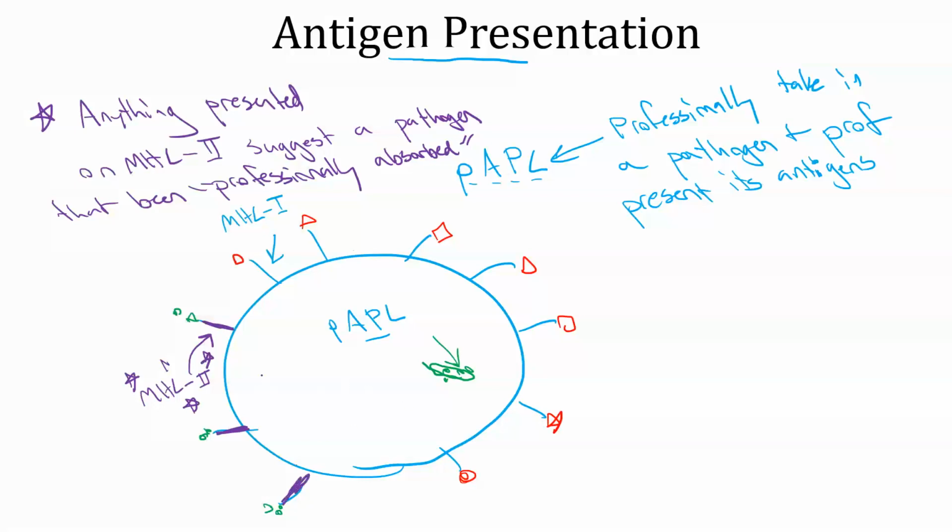Now, MHC class 2, this antigen presenting cell will go through, probably get somehow into the lymph, go from lymph node to lymph node to lymph node to lymph node, and show all the T cells it can and show all the B cells it can these little fragments that it found. And what it's doing is it's looking to find the right immune cells that recognize these bits and pieces.